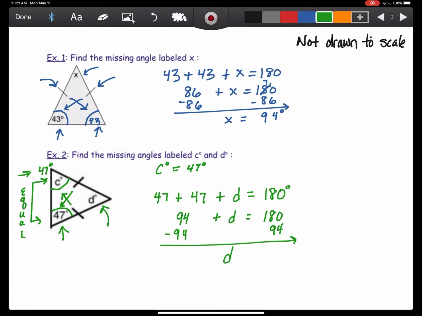And we get D is equal to 86 degrees. Whoops, I forgot my minus sign. Okay, so that's how you do these problems.